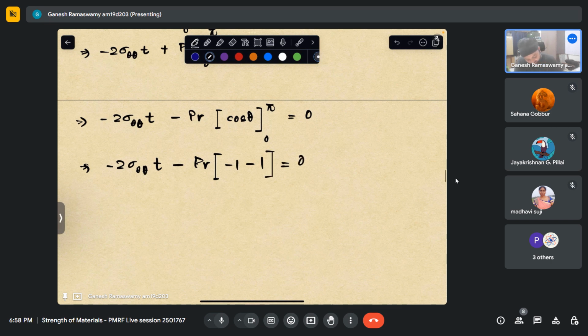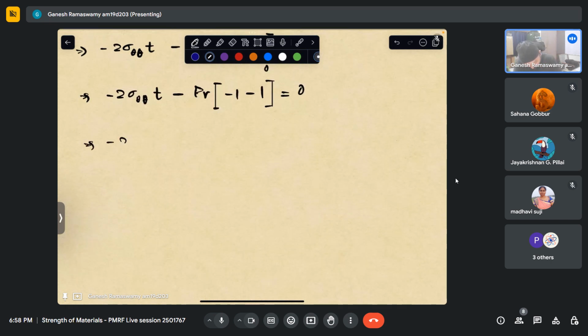So this follows 2 sigma theta theta t plus 2 PR equals 0. From here, we get an expression for hoop stress, which is sigma theta theta. That is what is called the hoop stress, is nothing but PR by T.